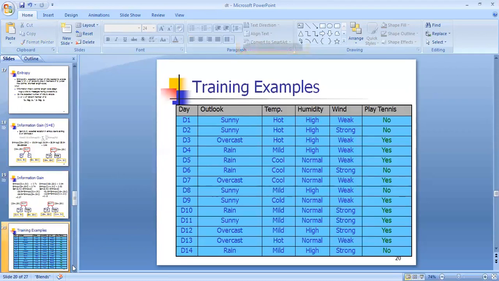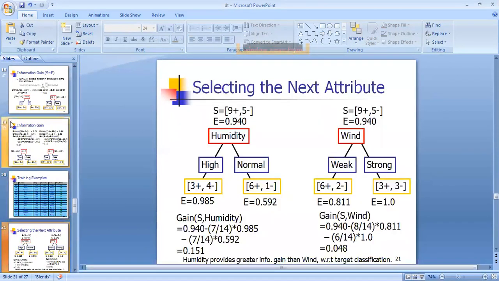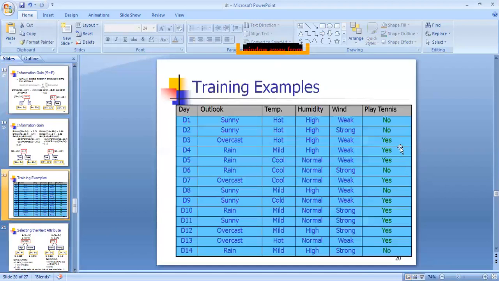I will tell you the example. Now you see, select the next attribute. Out of 14 total samples, how many are yes and how many are no? First go with yes: 1, 2, 3, 4, 5, 6, 7, 8, 9.